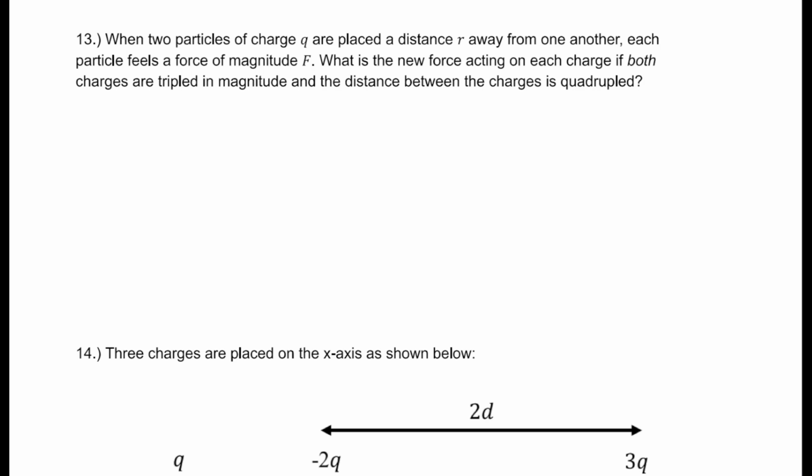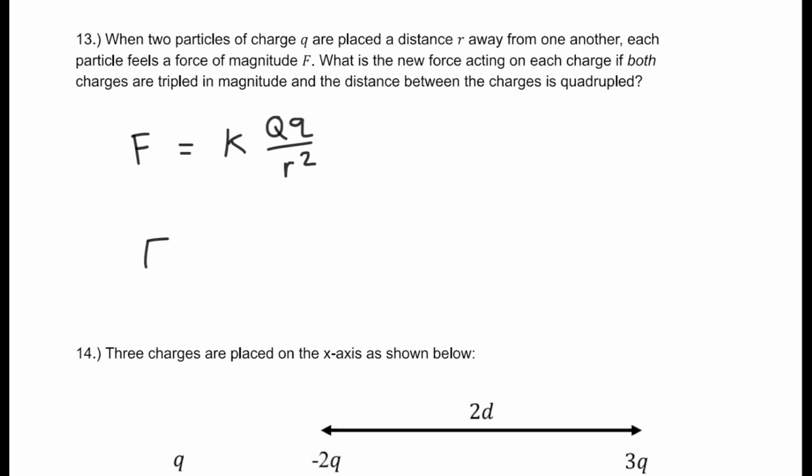Anytime that we have these ratio questions, you need a formula that relates all of the variables that are changing. And here it's force, charge, and distance, so it's obviously just Coulomb's law. So we could write F is equal to K times Q squared divided by r squared.